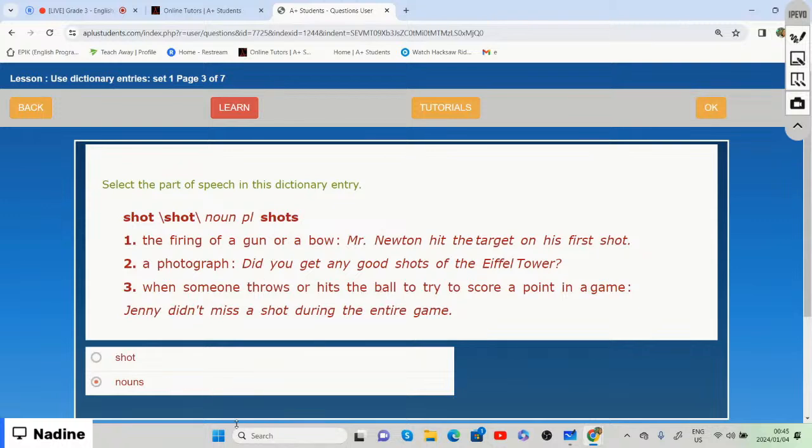And the second one is correct, which means that the part of speech means that shot is a noun. So it is nouns.